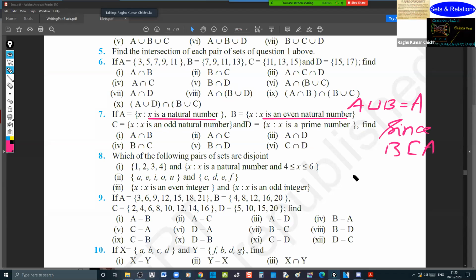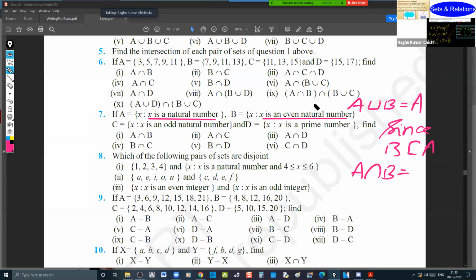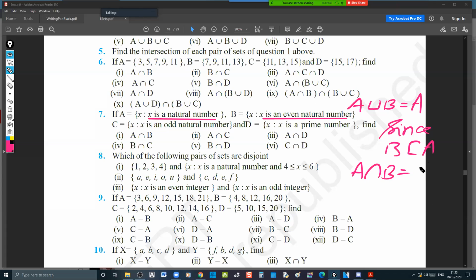So A intersection B is every even number. That means it can be written directly in terms of the sets as B. That's good.